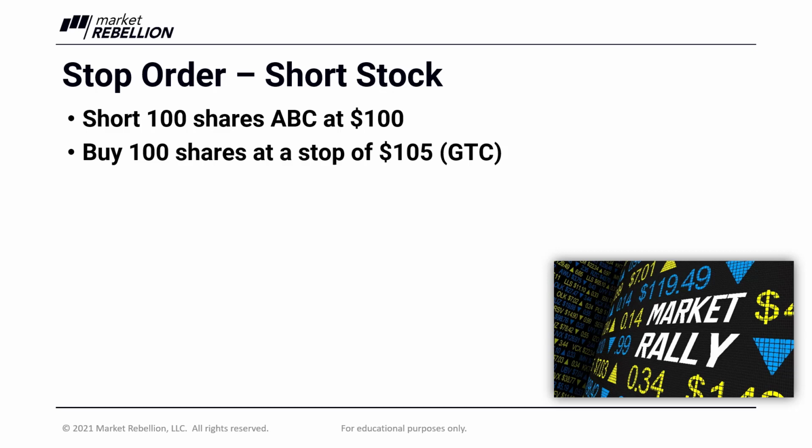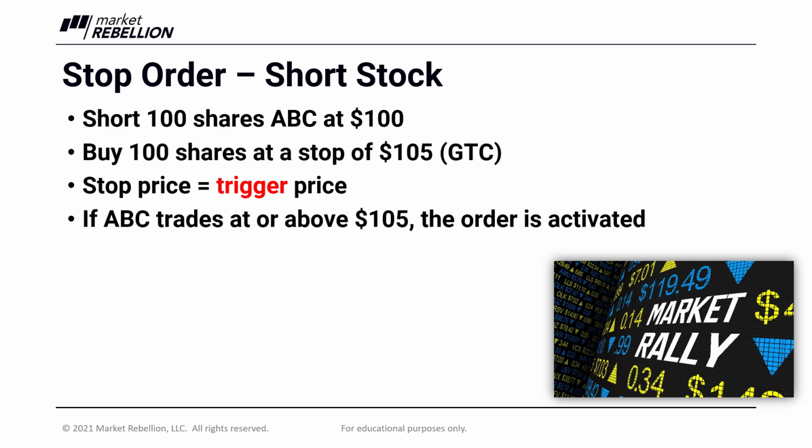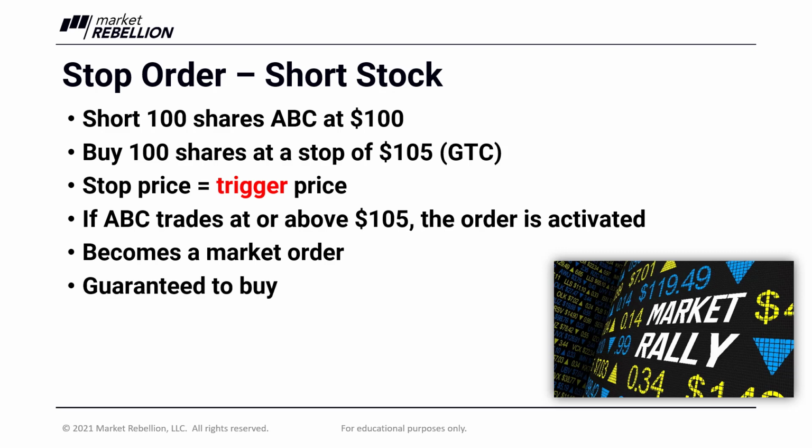The key point to understand in all cases, whether it's a stop or a stop limit, is that the stop price is your trigger price. That's really a good word to use while you're learning this. And what that means is that if ABC trades at or above 105, the order is activated and it now becomes a market order and you are guaranteed to buy. But as always, you're not guaranteed to pay your stop price of 105.